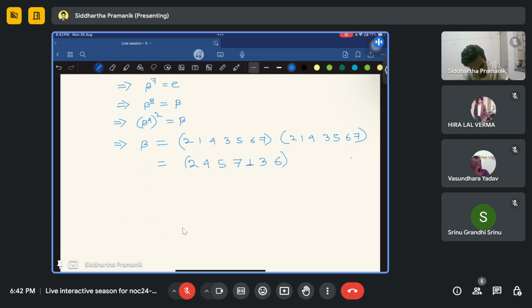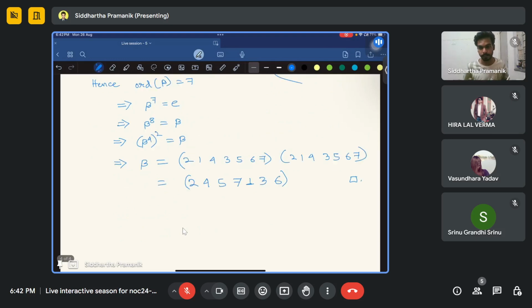So this is our beta. So is it clear? Just think for a moment if you have any doubts. Okay, I hope others have also understood this.